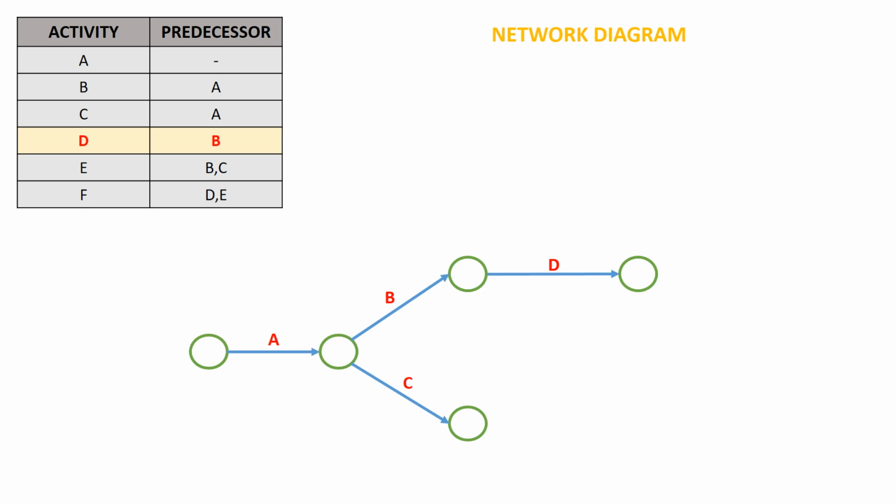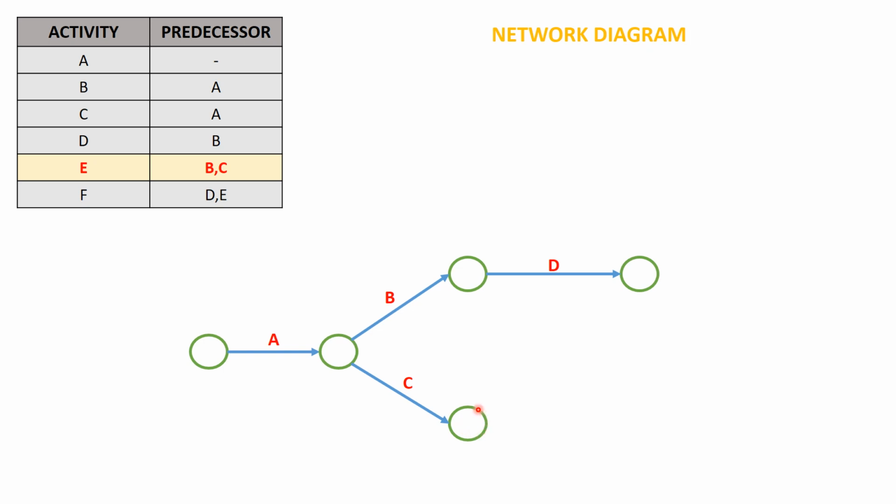All right. Next we'll go to the next activity, which would be activity E. Now, to draw activity E, the predecessors are B and C. So in order to start activity E, B and C should be completed. If we look at our network diagram, activity B is completed at this node, and activity C is completed at this node.